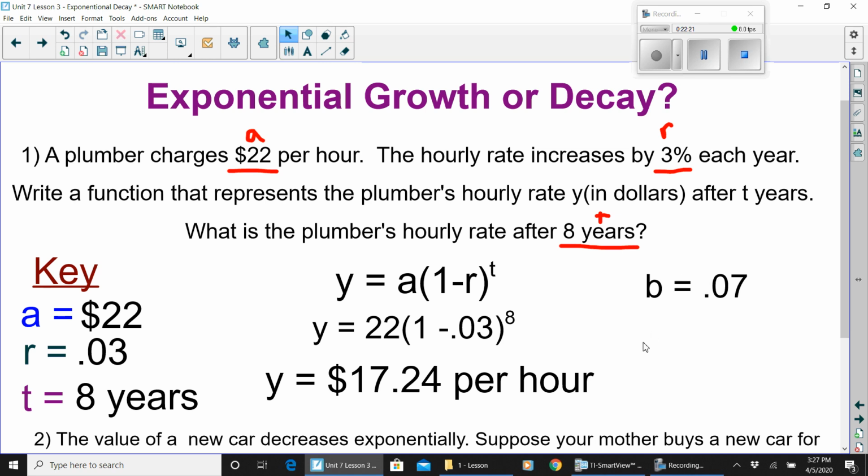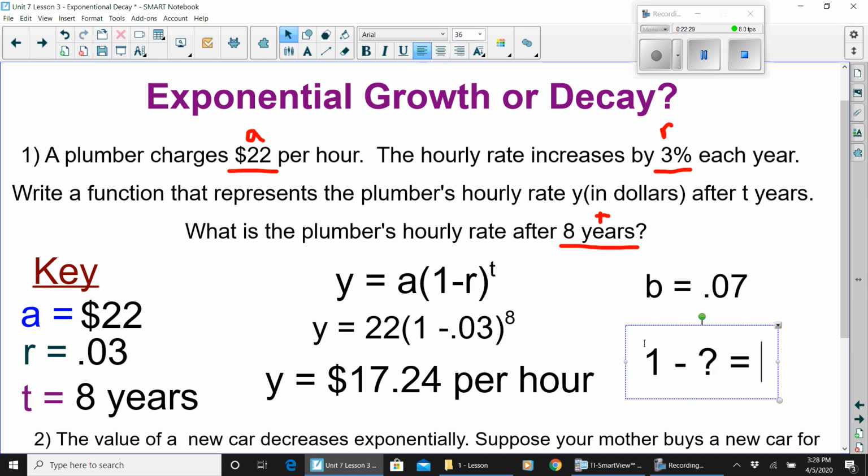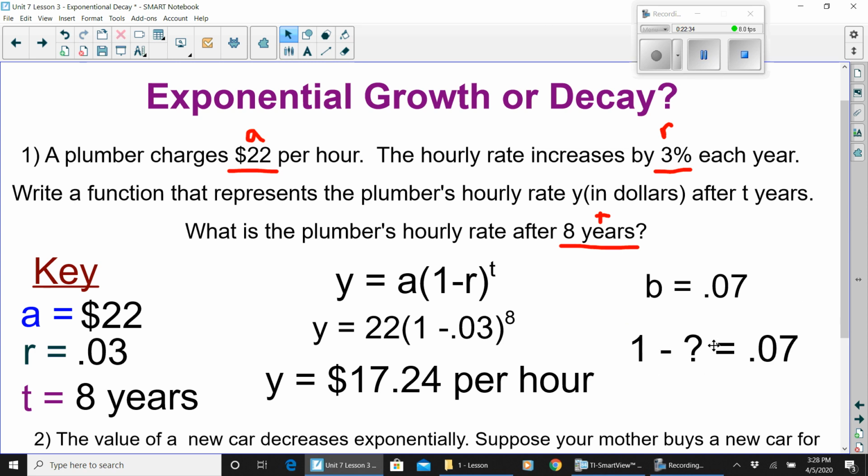You would have to say, all right, 1 minus what equals 0.97? So 1 minus 0.03 would equal 0.97. Then you get 0.03, and convert that decimal into a percentage, 3%, and that's the amount of decay.